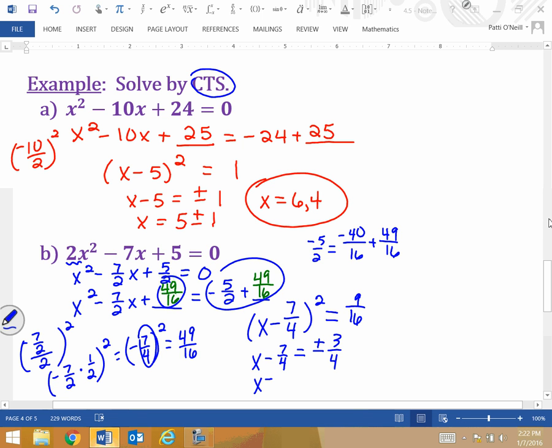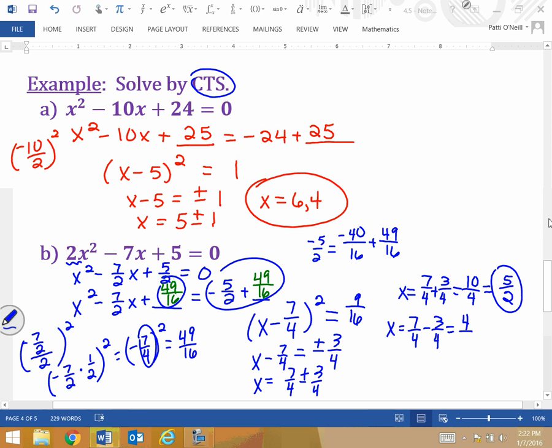I'm going to solve this by saying x equals 7/4 plus or minus 3/4, which in turn will be 7/4 plus 3/4, which is 10/4 or 5/2, and x equals 7/4 minus 3/4, which is 4/4 or 1. So the two solutions are x equals 5/2 and x equals 1.